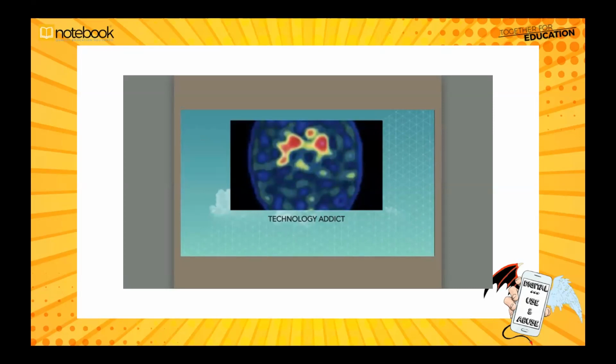When we compare them next to the healthy brain, the damage is obvious, because between the technology addict and the drug addict, there's a parallel damage which is indisputable. So what does this all mean for us? Well, we are all wired to seek reward, and the tech companies now understand how to tap into our primal drives.